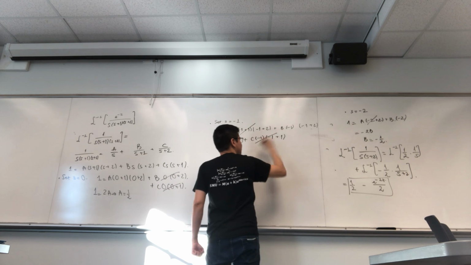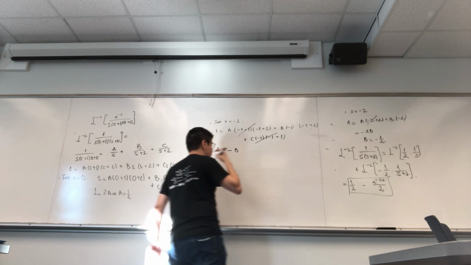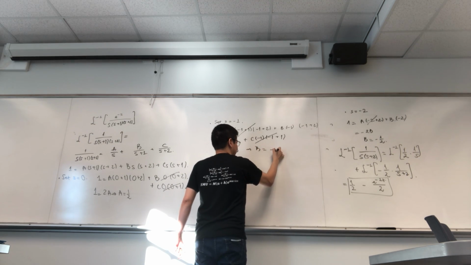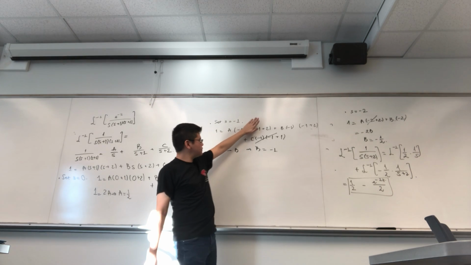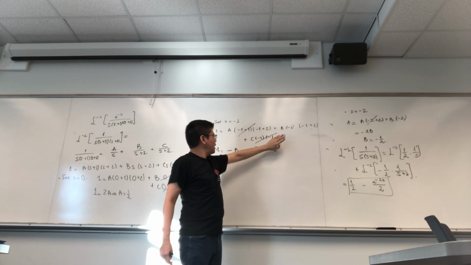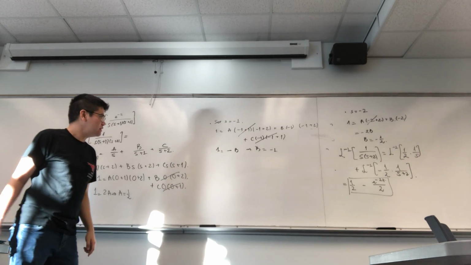So the first term and the last term go away, and what is left is 1 equals minus b. So b is -1, all right?